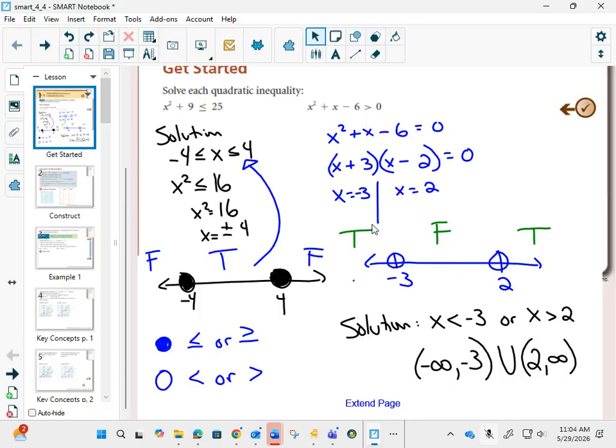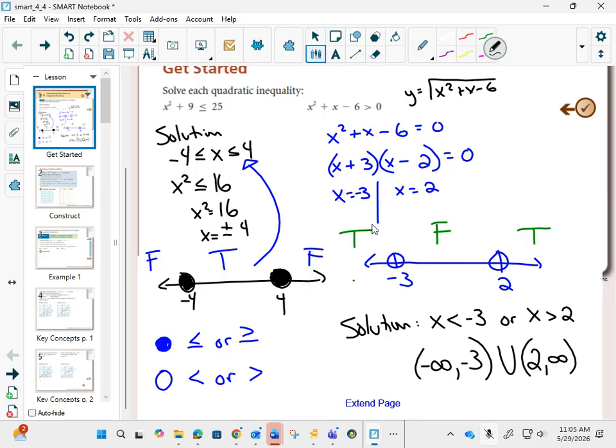We reviewed solving inequalities. This could come up as an important thing in composition of functions, where one function is inside of the other. And this becomes really important when, for example, in this second one, if I asked you, what is the domain of the square root of x squared plus x minus 6?